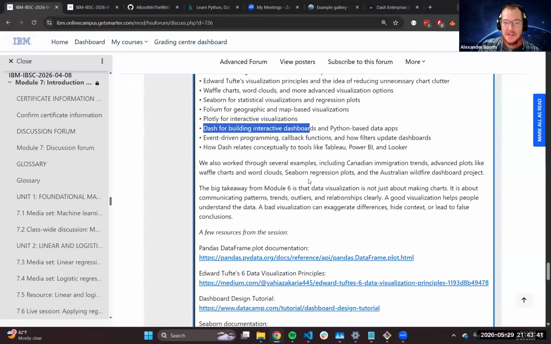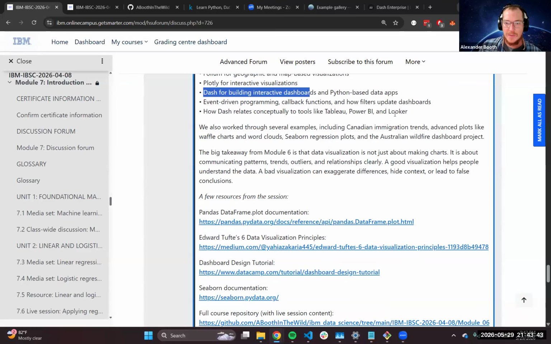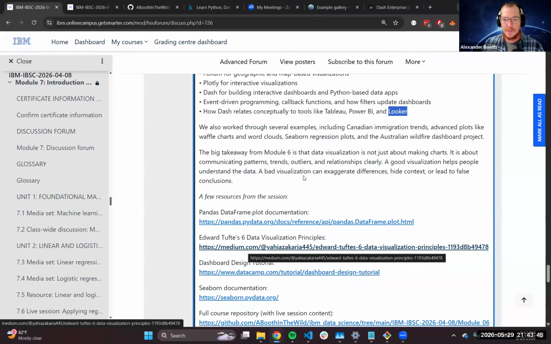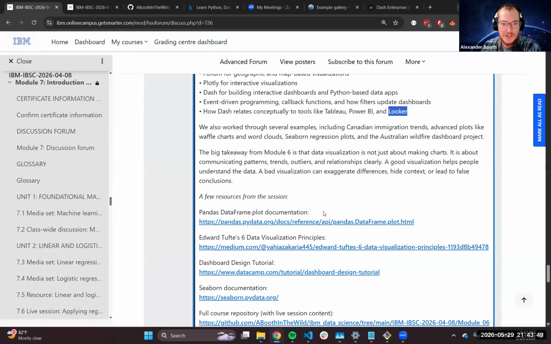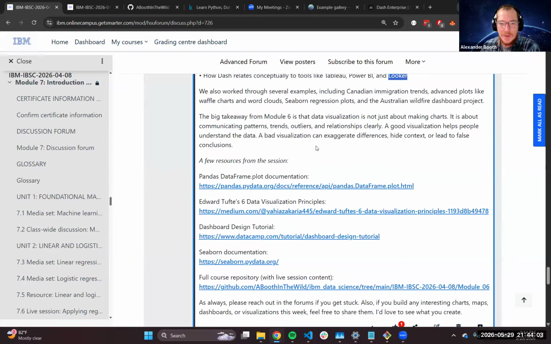Then, oh, Looker. I forgot to mention Looker at the top. Then we did a couple of full end-to-end notebooks. I showed some of my favorite ones, including creating waffle charts and word clouds of Alice in Wonderland. And then we created our full interactive dashboard of the Australian wildfires from about a decade ago, whatever the dates were on that.